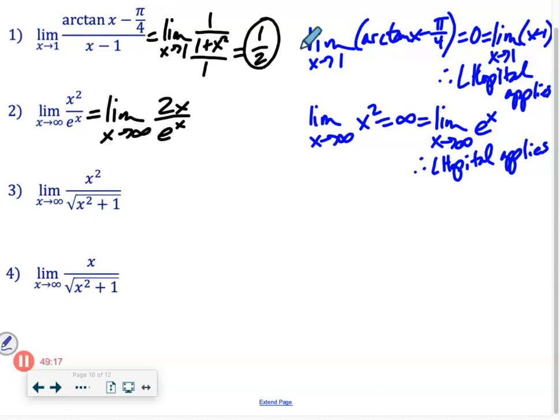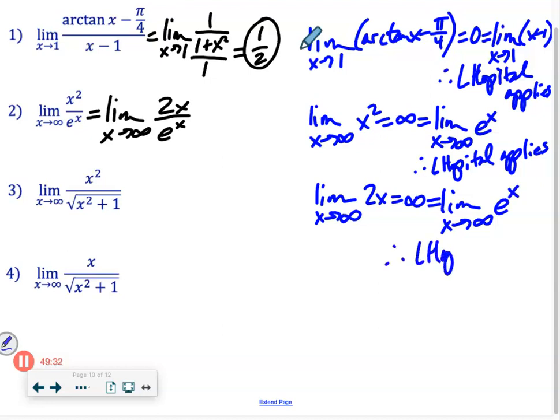If we plug infinity into the top, what do we get? Infinity. We plug infinity into the bottom, what do we get? Infinity. So I'm going to L'Hopital again. This equals the limit as x approaches infinity of 2 over e to the x.